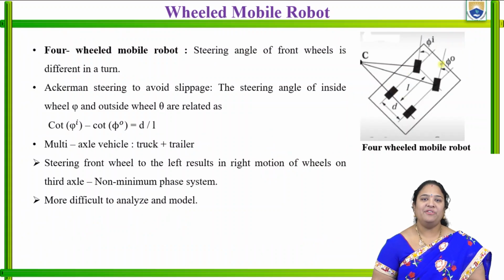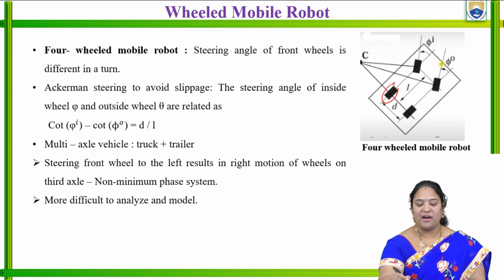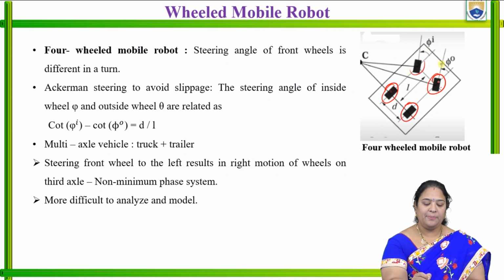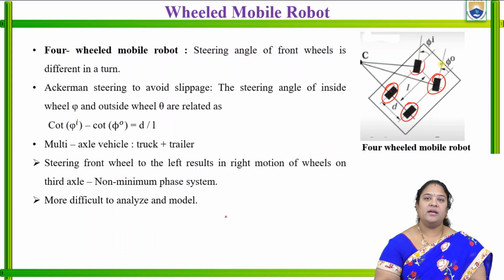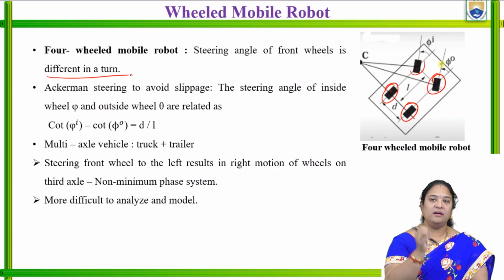Now, when we come across the four-wheel mobile robo, here we have four wheels attached, 1, 2, 3, and 4. So that particular equation is generally called the steering angle, where the steering angle for the front wheel is different in a turn.